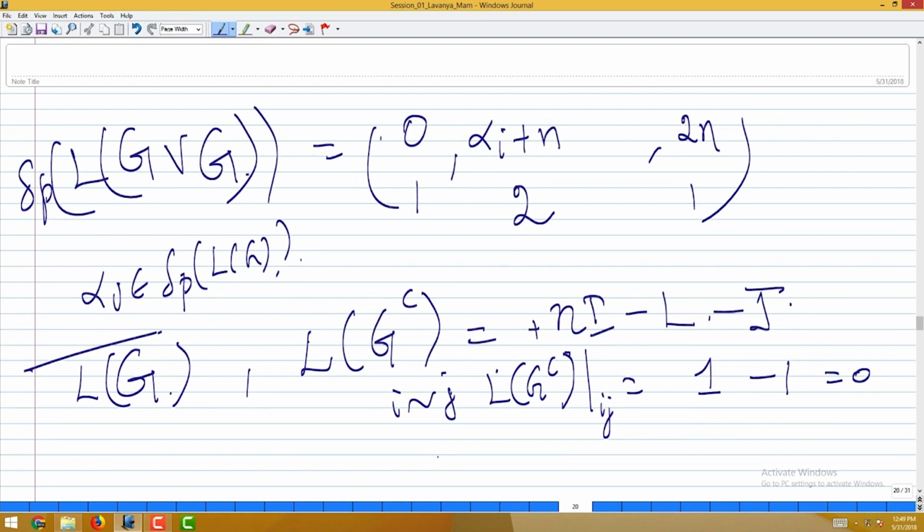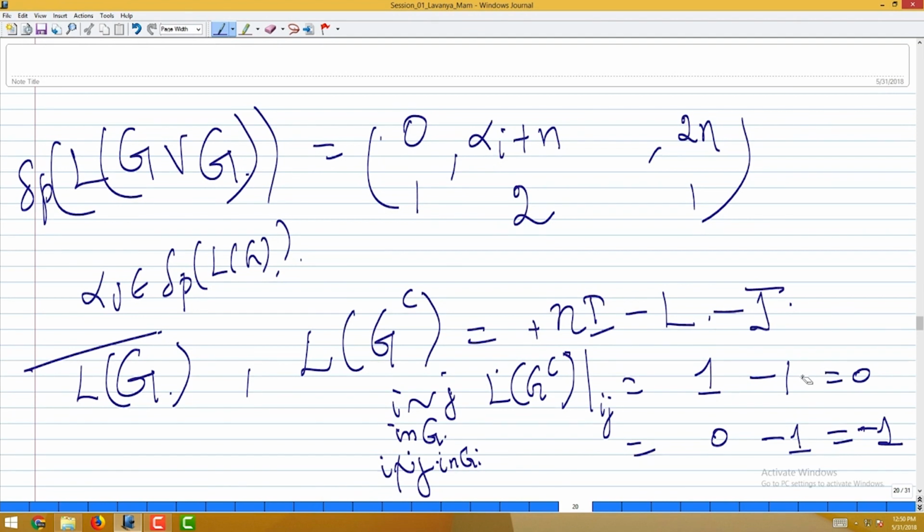In G, right, and that is what I am asking. So i is adjacent to j in G. What about if i is not adjacent to j in G? 0 minus 1. So this is also fine, right?